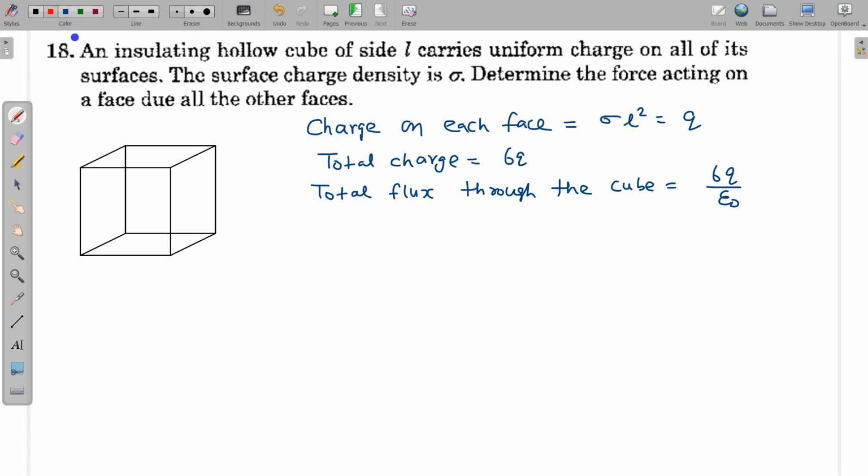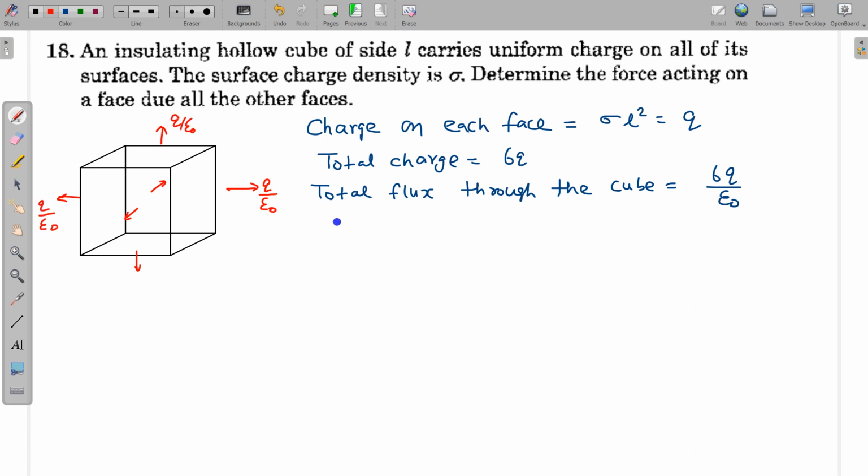So the flux passing through each face, this face, this face, the backward face, the front face, is equal to Q by epsilon naught.